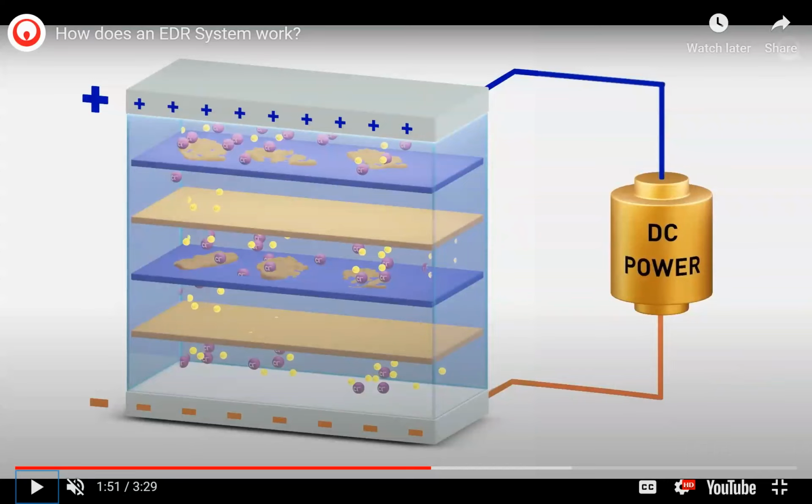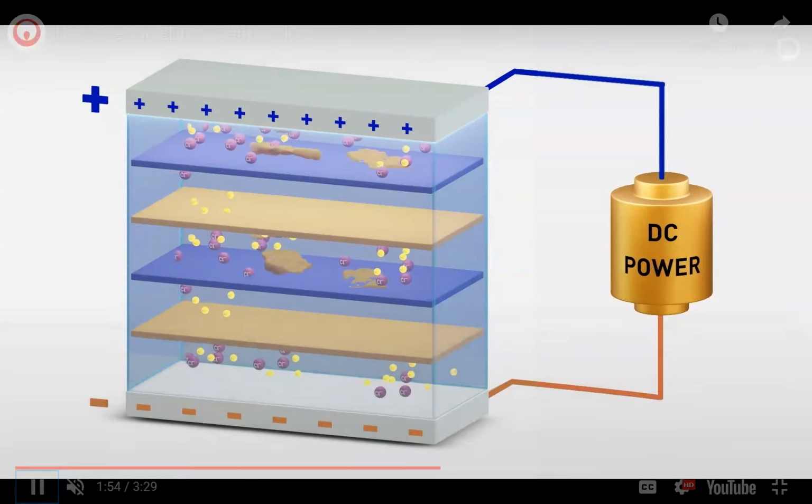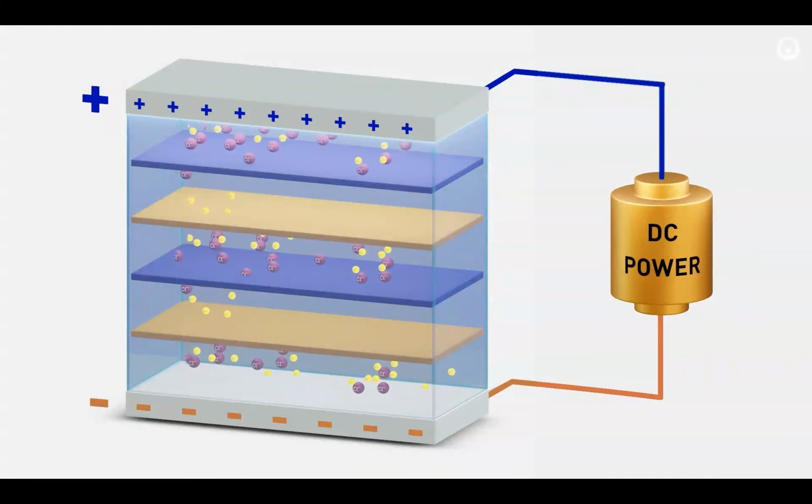In the first example I told you this blue surface is an anion exchange membrane. Now you change the charge, now this surface becomes a cation exchange membrane. No, sorry.